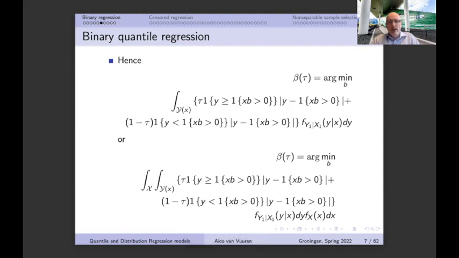So we should realize that if I sum up over two different x's, then beta tau should also be the minimum of this particular sum, because it is going to minimize with respect to both elements that we have in the sum.